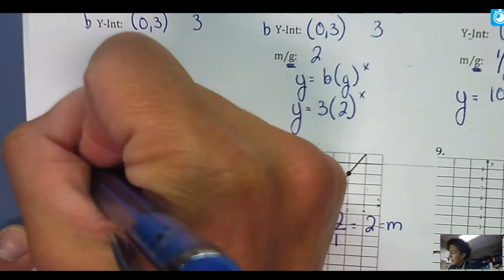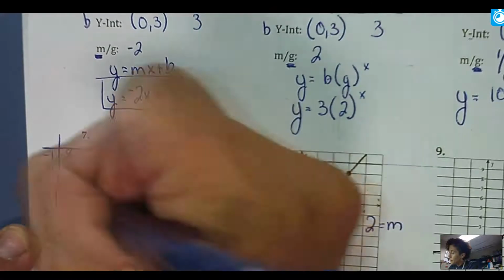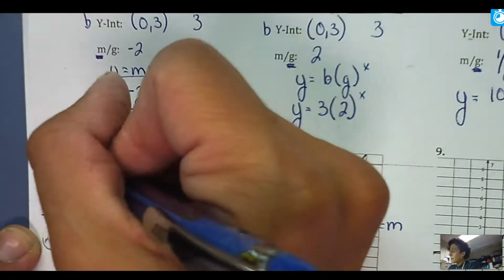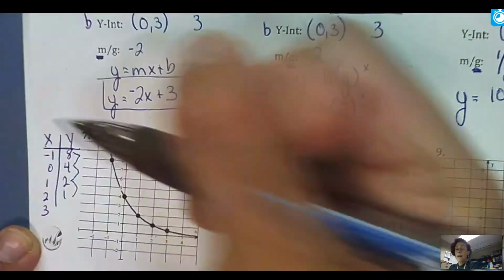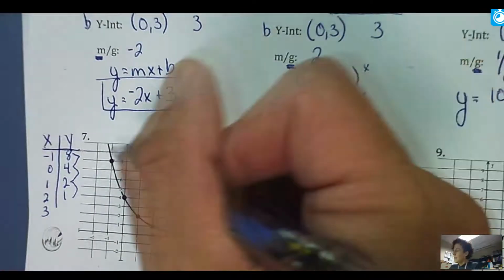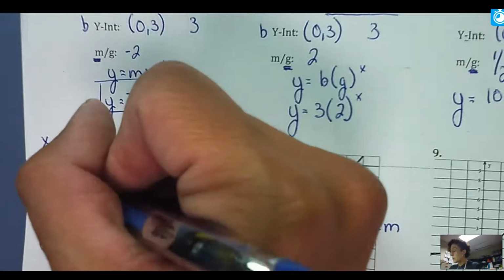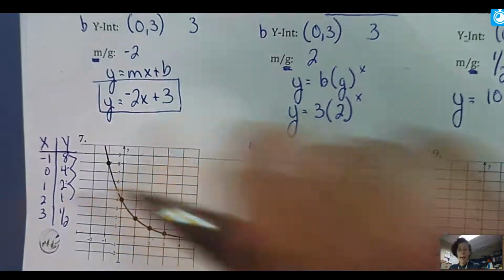For -1, I've got 8, for 0, I got 4, for 1, I got 2, for 2, I got 1, and for 3, I don't know. So what I want to look to see is what they are multiplying by. In this case, again, they're not multiplying, they're actually dividing. In my head, 8 divided by 2 is 4, 4 divided by 2 is 2, 2 divided by 2 is 1, 1 divided by 2 is a half.